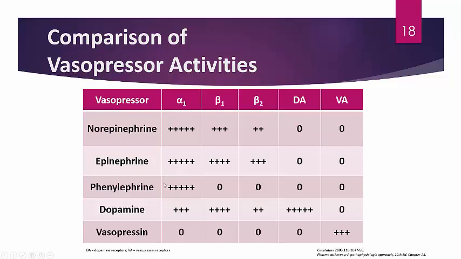Phenylephrine we talked about being a pure alpha-1 agonist with no other activities. Dopamine we talked about how the dose, the action would depend on the dose. And vasopressin, we talked about the vasopressin receptor, which is labeled VA here.